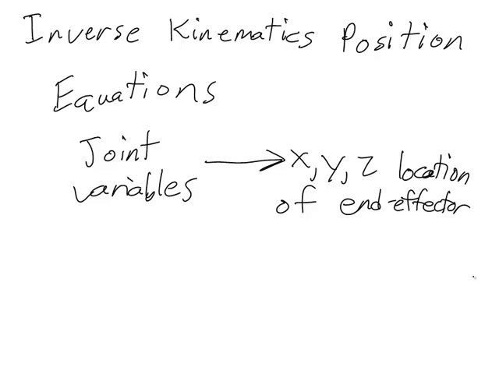Now, finding these equations is sometimes easy and sometimes quite difficult, depending upon what type of manipulator you have. The good news is that once you've derived the equations, you can use those equations anytime you encounter a manipulator of that given type.